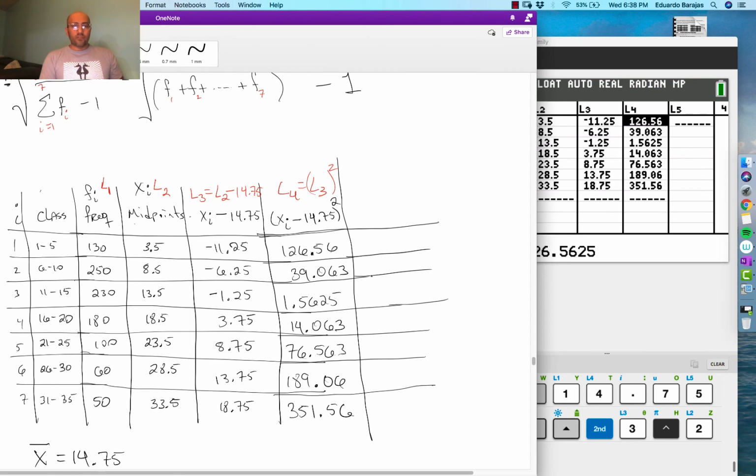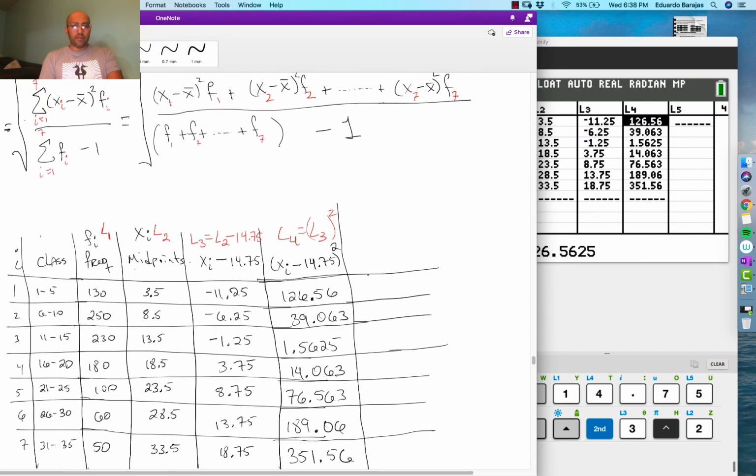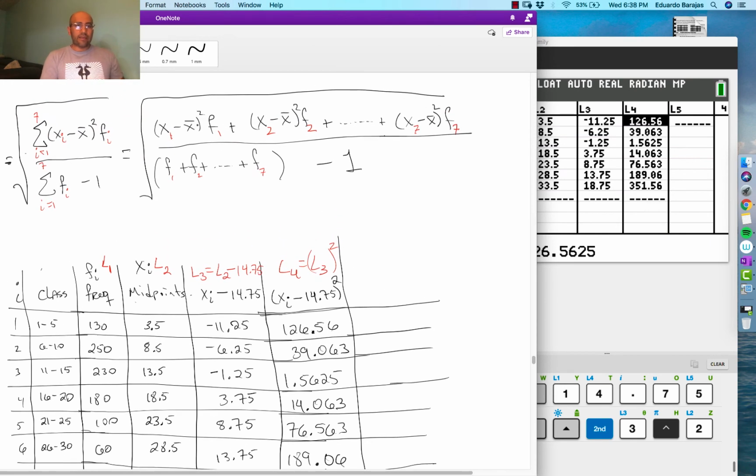Okay, so what we've done so far is we've been able to calculate each one of these things here. It's the class midpoint of 1, that's this 3.5 belongs there, minus 14.75, that's the class mean, the sample mean, and squared it. So this whole term right here is 126.56.